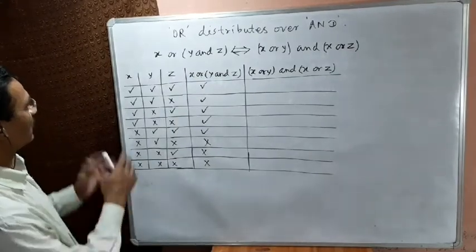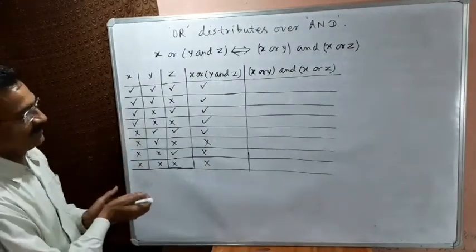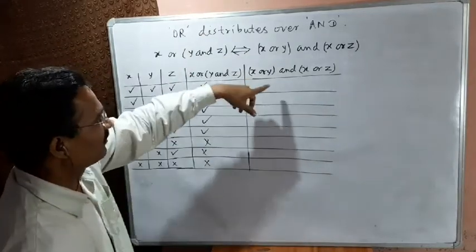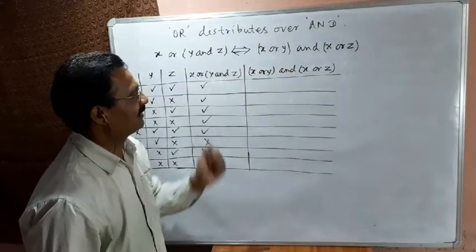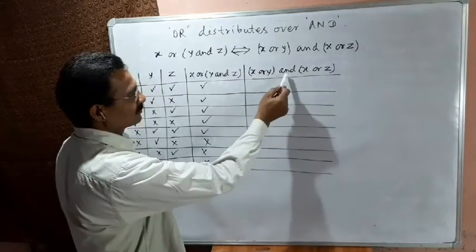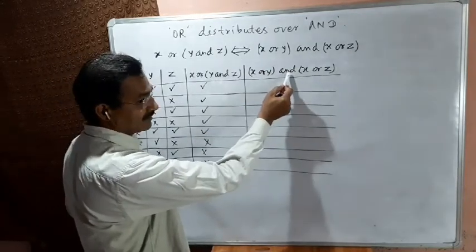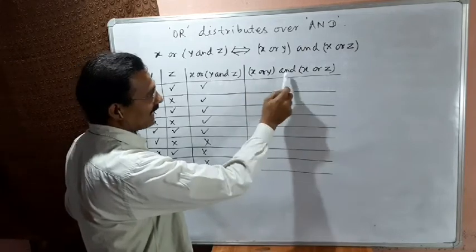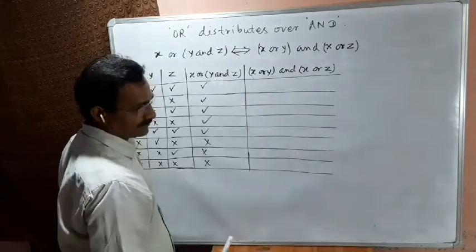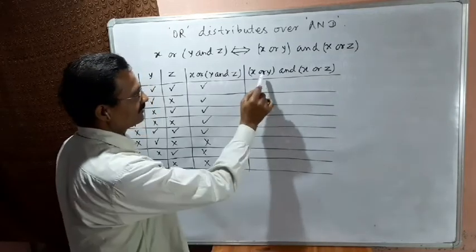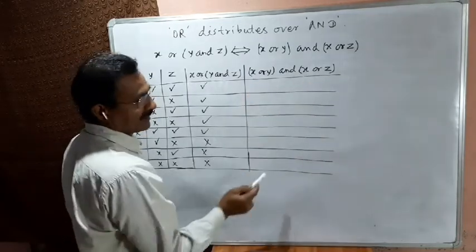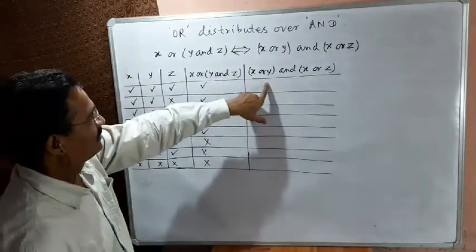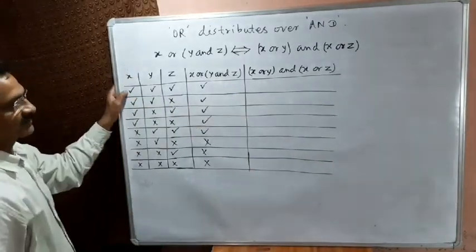Now, for all the corresponding situations, we write the truth table of this. First of all, understand this. When will it happen? The connecting word is and, therefore x or y happens and x or z happens. Means this side and this side both should happen because the connecting word is and. Now first case, x happens.